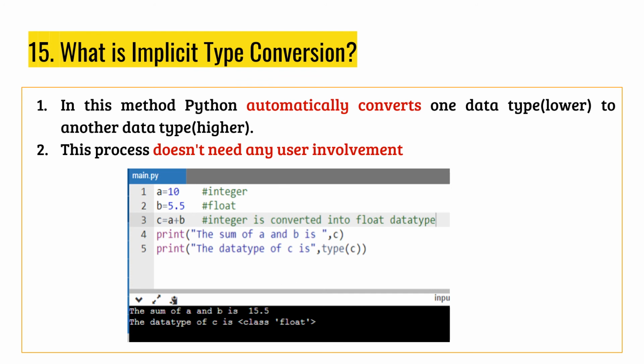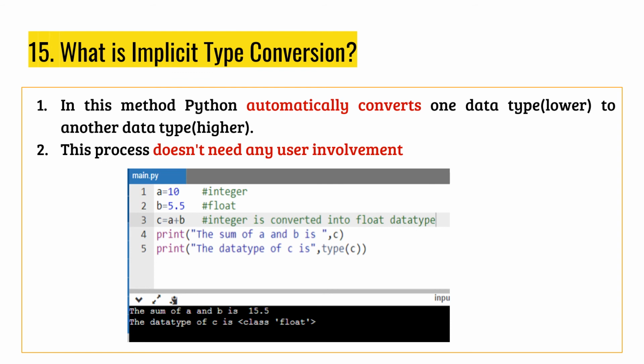Now it's an expression that has both integer and float. Whether C is an integer or a float, by looking at the result itself you could understand that it is a float. So it converts from integer, which is 10, to 15.5, that is from integer to float.